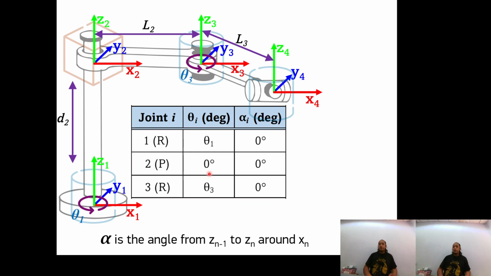And we find the alpha. The second parameter, alpha, is the angle from Zn minus 1 to Zn around Xn.